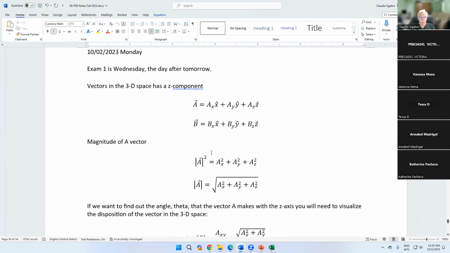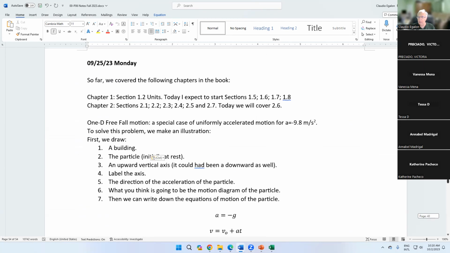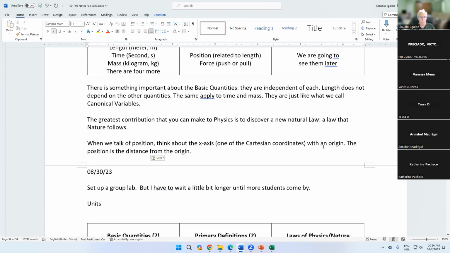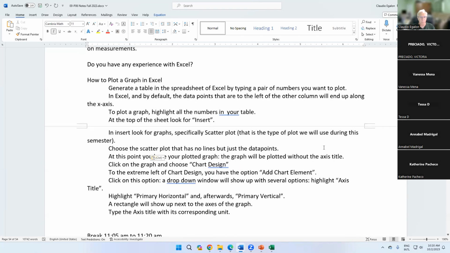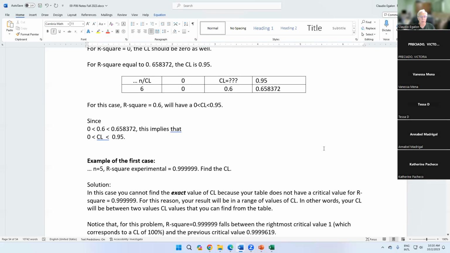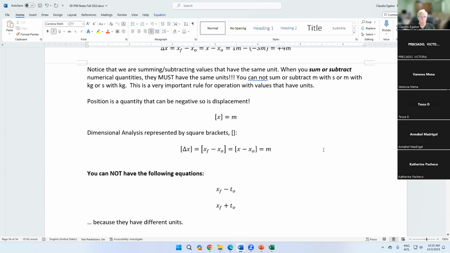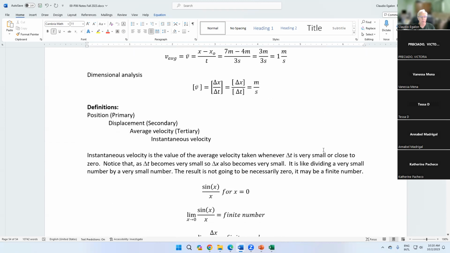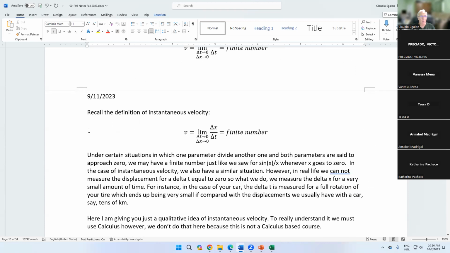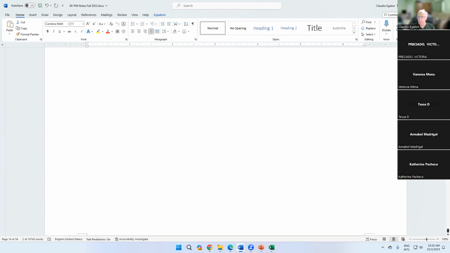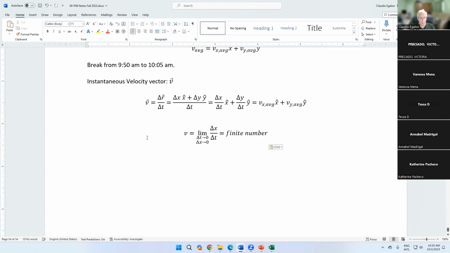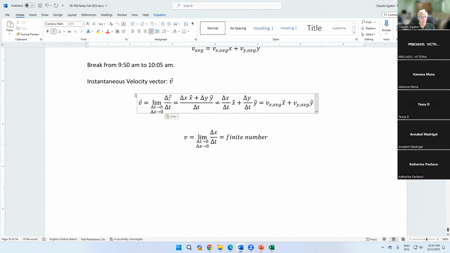Let's go back to our one-dimensional definition that we saw before. I'm just going to copy and paste what I have here. Average, where the instantaneous are right in here. What we're going to have for the instantaneous velocity vector definition is something like that.